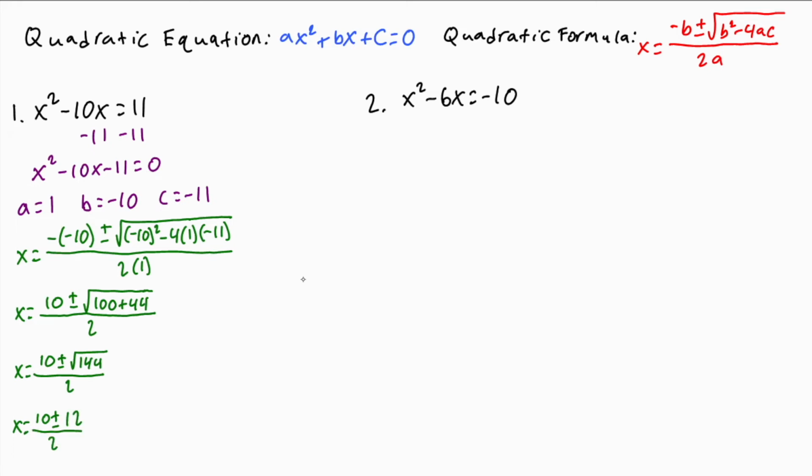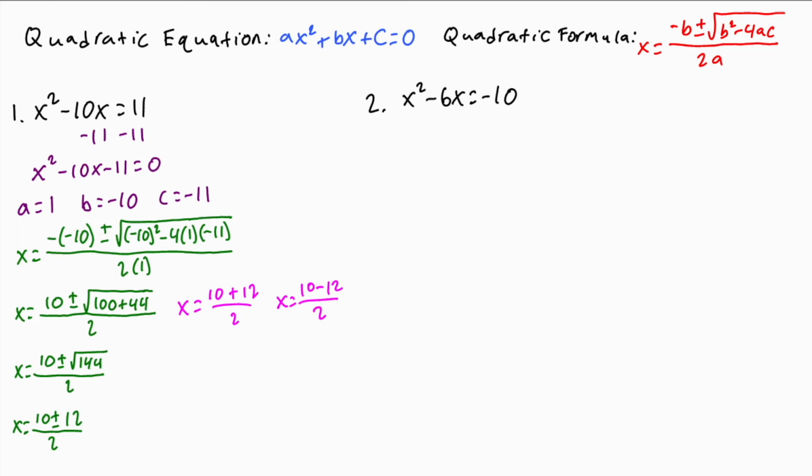So we can rewrite this equation as two separate equations, and we need to do that because we have the plus or minus. So we're going to have x equals 10 plus 12 over 2, and we're going to have x equals 10 minus 12 over 2.